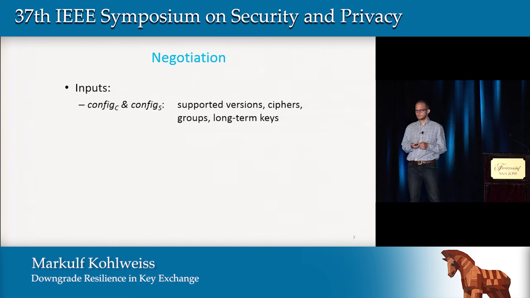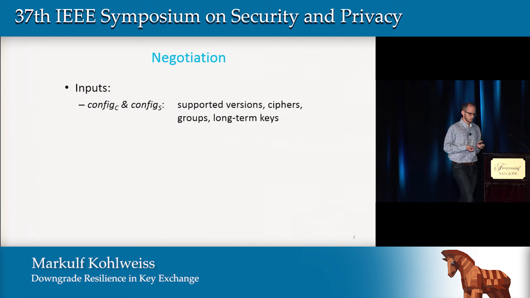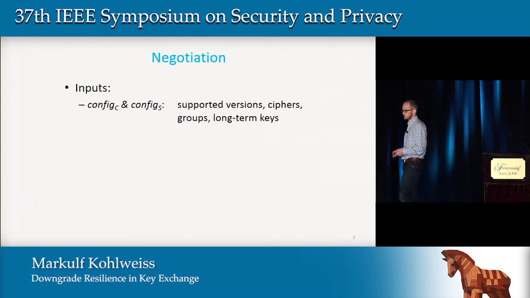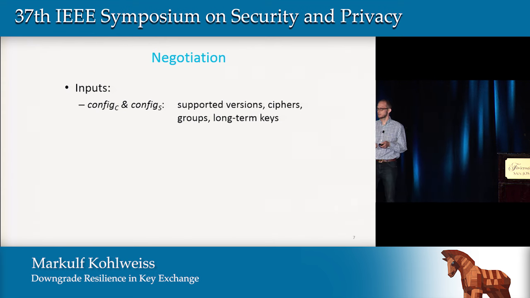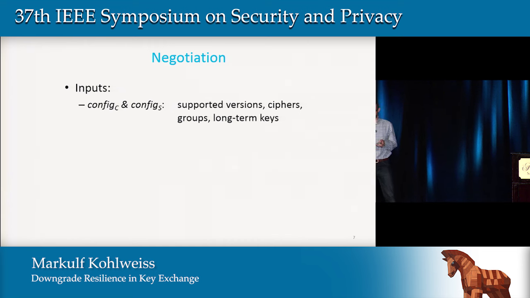Setting the stage for the definition, I want to give some notation for negotiation. Negotiation starts from client and server configurations that describe what versions and algorithms, cipher suites and modes clients and servers are in principle willing to support.